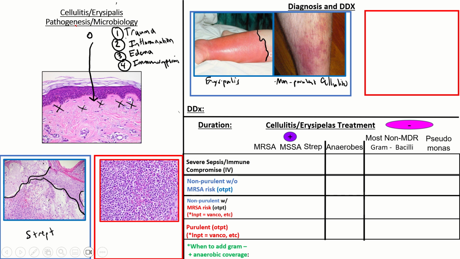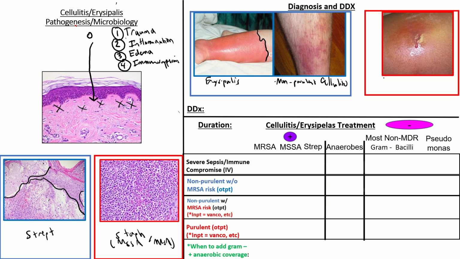When you do think of the purulence, which here you see an abscess, you really think of staph, and that can come in two major flavors, being MSSA as well as MRSA. And this is what you're going to see on exam for staph, with basically a purulent infection. May have abscess, may have purulence, overlying eczema, or may have abscess formation as well.